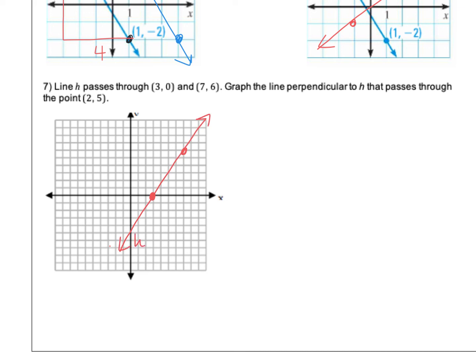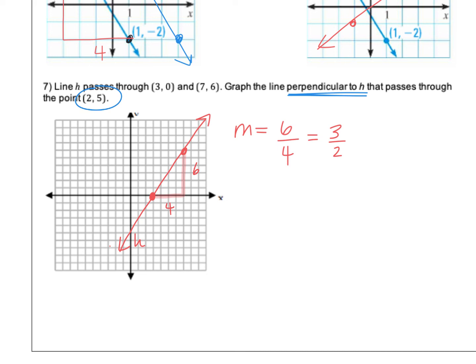And you can quickly find the slope between those 2 points by making a little triangle, a right triangle. Or I guess you could use a slope formula, but I don't like using that if I can. It would be 6 over 4, which becomes 3 over 2. My other line, I want to be perpendicular to H, passing through 2, 5.